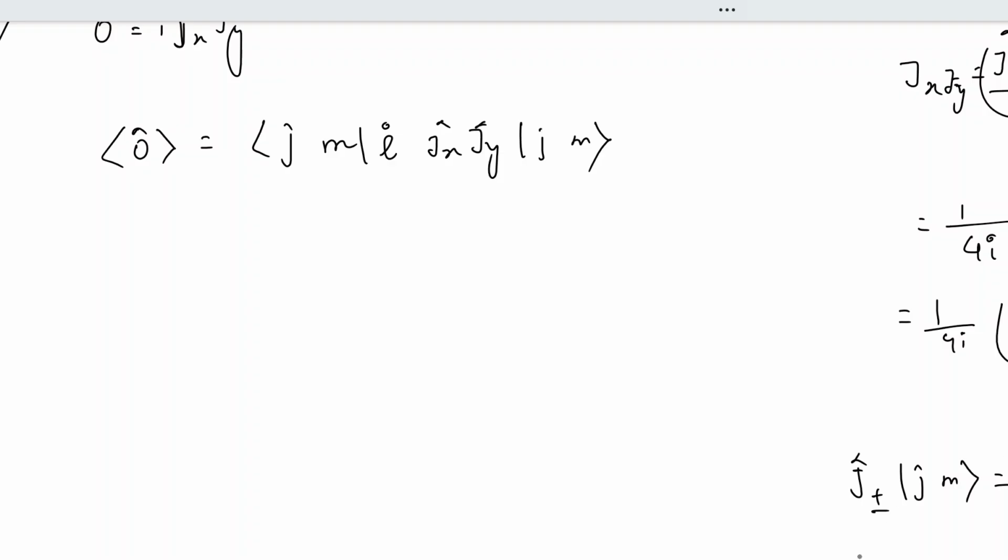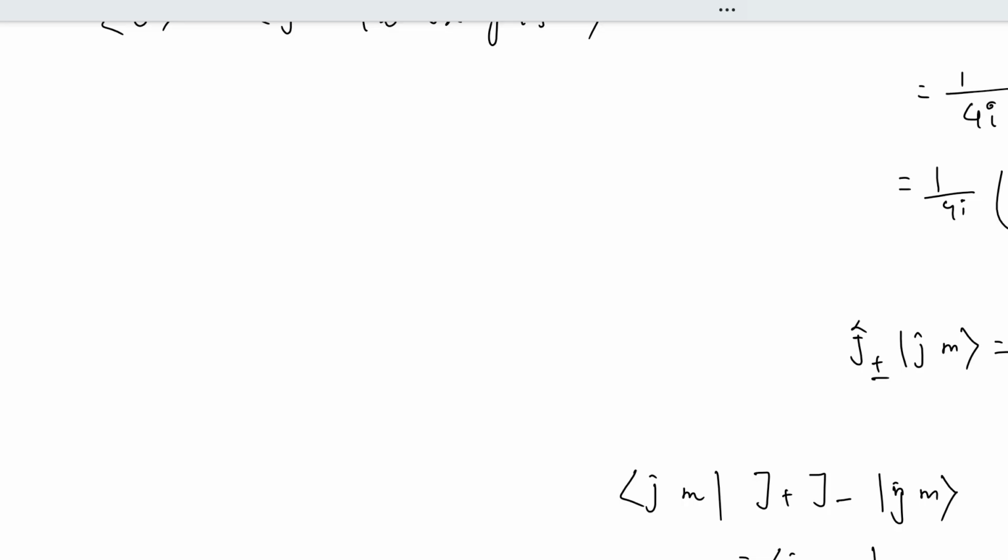So in this case, when you have j minus j plus acting on jm, you have jm, some j plus some prefactor j m minus 1, which is the prefactor. You take it out as j into j plus 1 minus m into m minus 1. Then rest of the term is j plus j m minus 1.